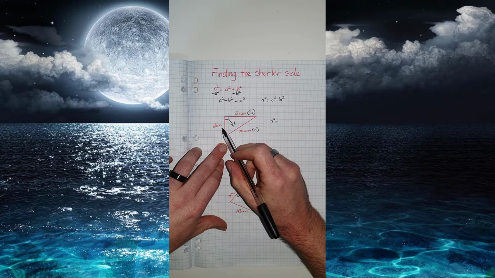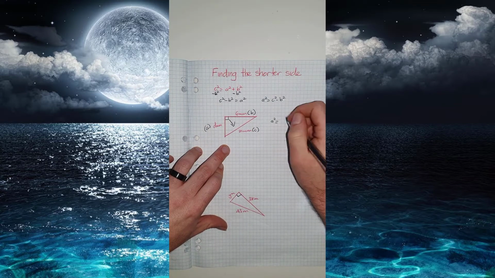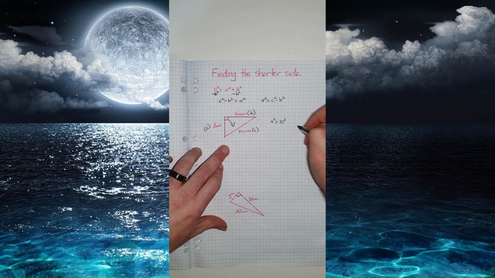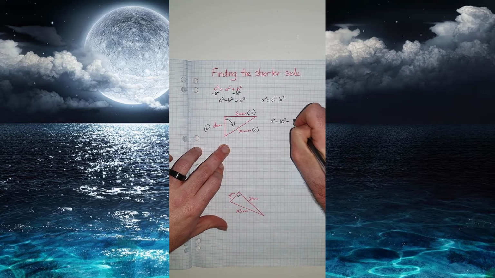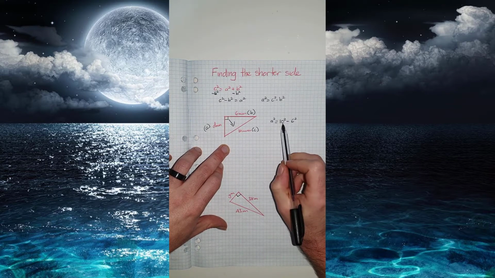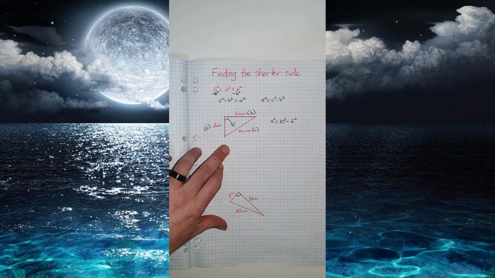So a squared, because we don't know what this is, that's going to be a. So a squared equals 10 squared minus 6 squared, with the 10 subbing in for the C and the 6 subbing in for the B.